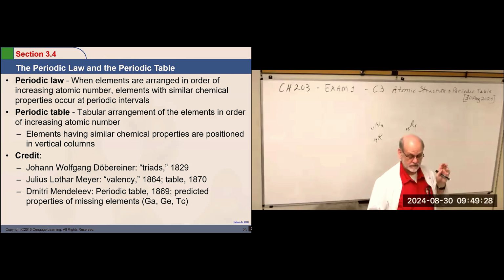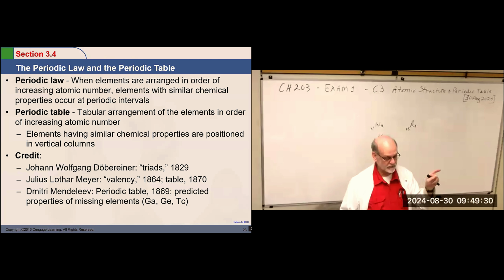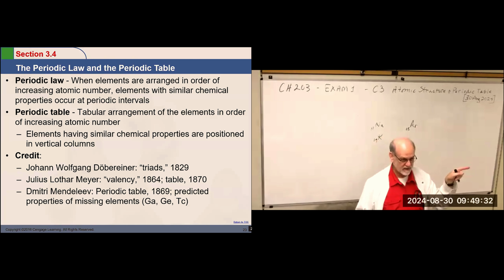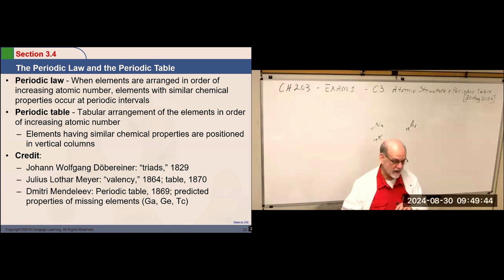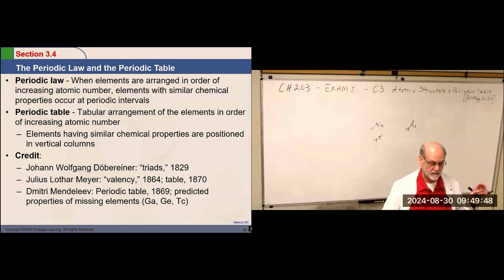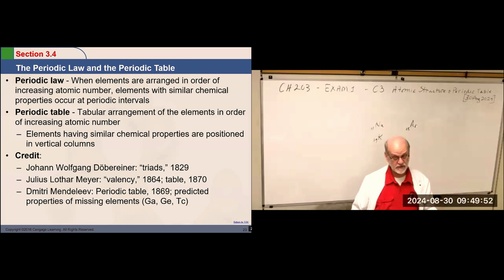Okay, he says, one of these days, somebody's going to find an element to fit that space. And it's going to have this mass, it's going to have these chemical and physical properties. And he named them and offered values, calculated them. And that's why Mendeleev gets the lion's share of the credit for the periodic table, because he used it to predict the existence of yet to be discovered elements.